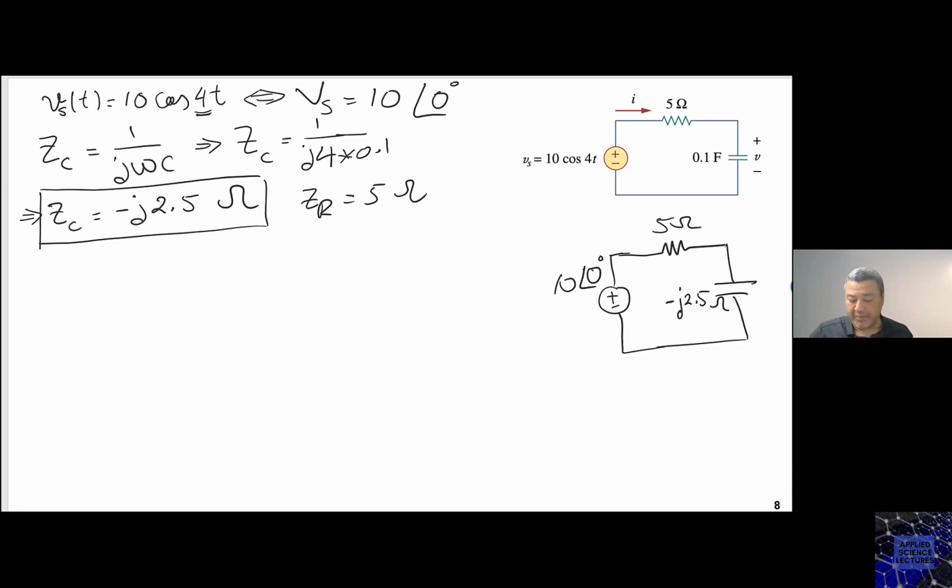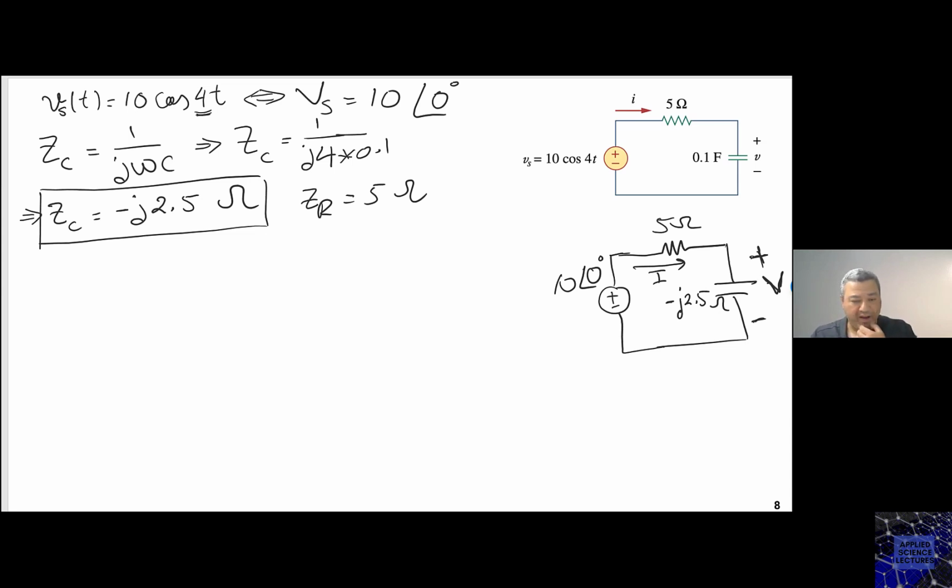So can somebody tell me? Remember now, this V here is capital, and this I here is also capital, because they're all now in phasors. We need to calculate them in phasor. So can somebody tell me?